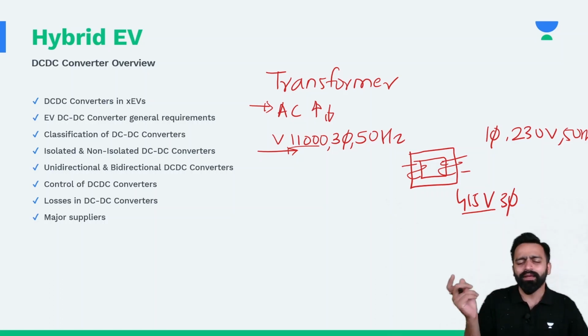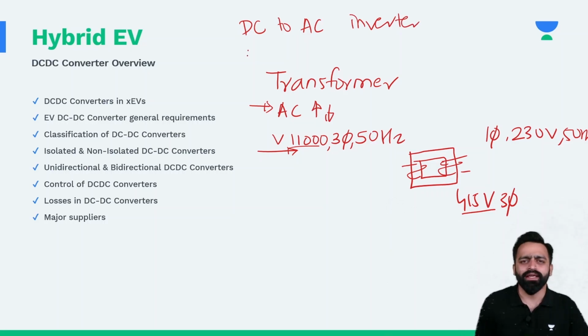So there are different types of converters. Some of them you may already know: a DC to AC converter is called an inverter, right? Or an AC to DC converter is called a rectifier, right?